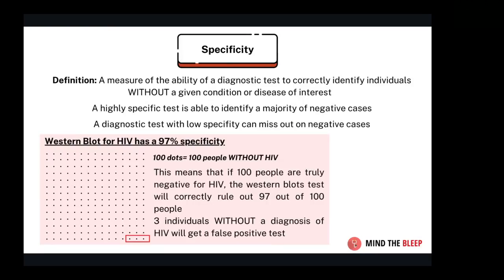It means that out of the 100 people that are truly negative for HIV, the Western blot test is able to correctly say that 97 of these people do not have HIV. It means that 3 out of the 100 will not have HIV but will be given a false positive test. So they'll be told, you do have HIV, although they don't. So that's our specificity.